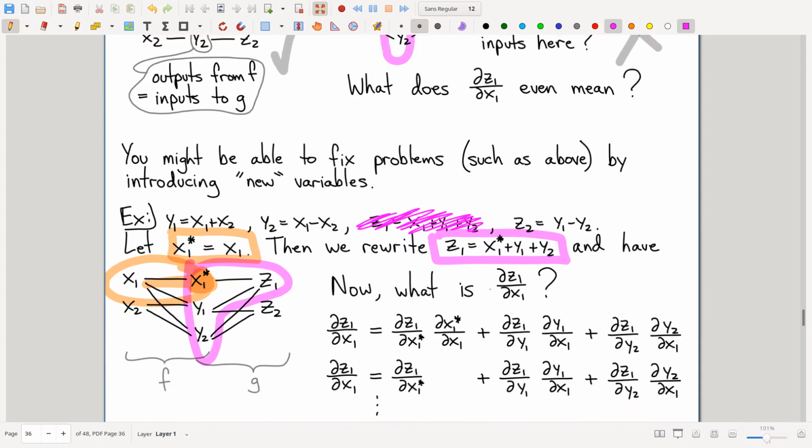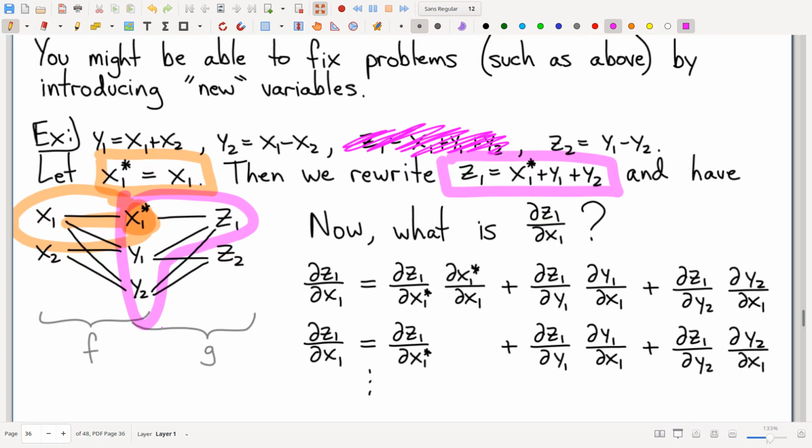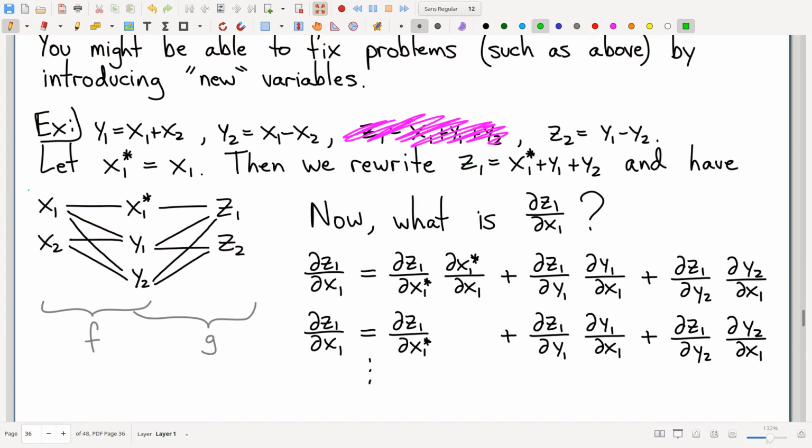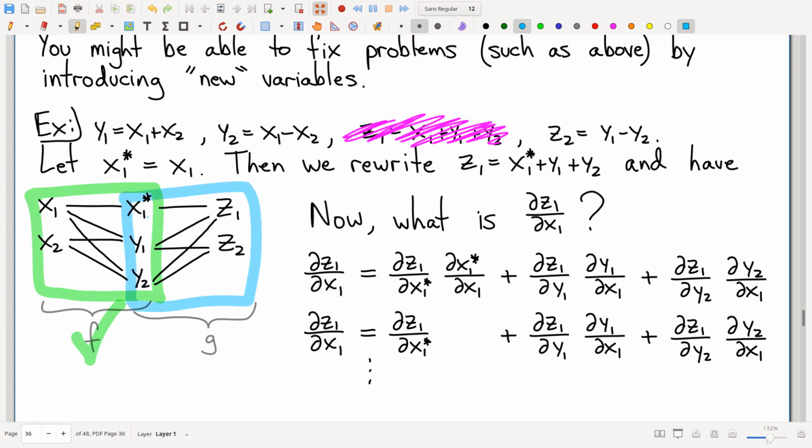And now I just have, very simply, a composition of functions. And you can see the composition right here in the structure. Here are the ins and outs of f. Here are the ins and outs of g.